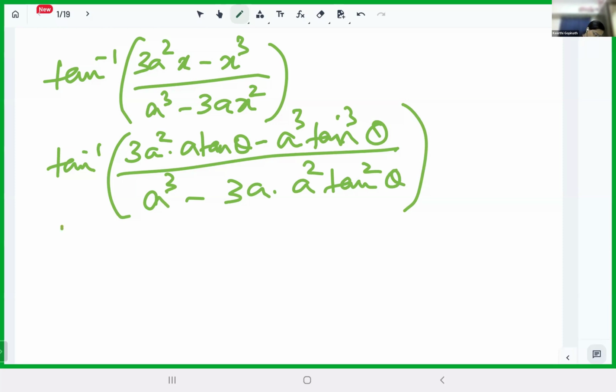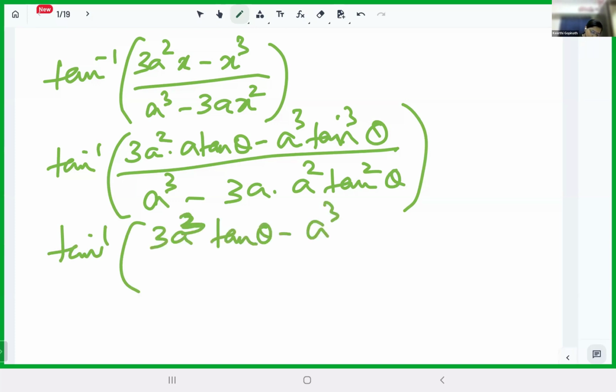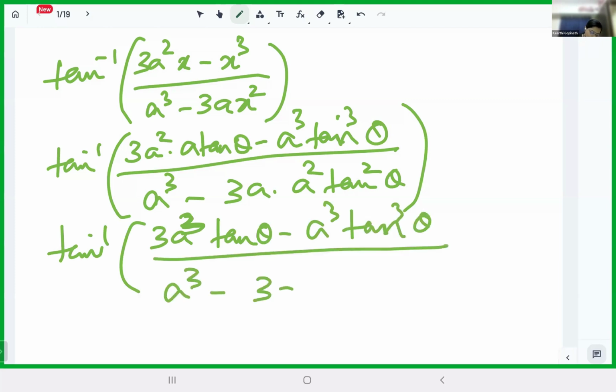So we can write this as tan inverse of 3a cube tan theta minus a cube tan cube theta divided by a cube minus 3a cube tan square theta. Okay. So can you see any peculiarity in this? A cube is common in denominator as well as numerator, right? So we can take a cube outside.